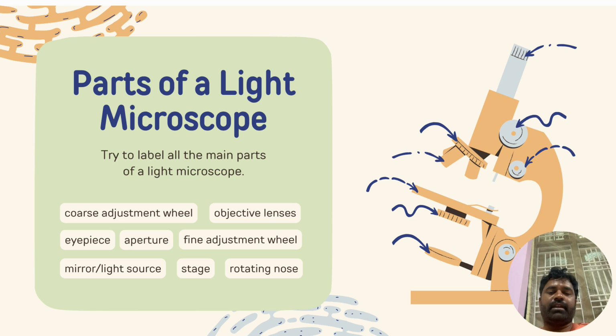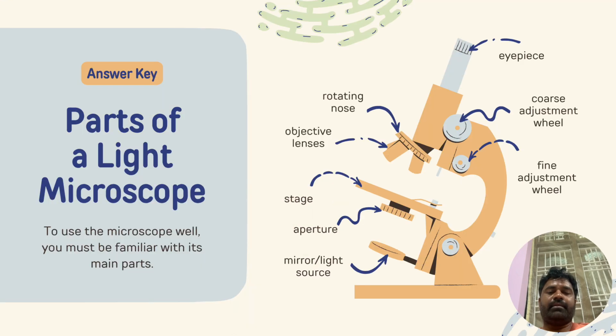These are the parts of a light microscope. Rotating nosepiece, objective lens, stage, aperture, mirror or light source, fine adjustment wheel, coarse adjustment wheel, eyepiece, maybe 10x, 40x used in a light microscope.